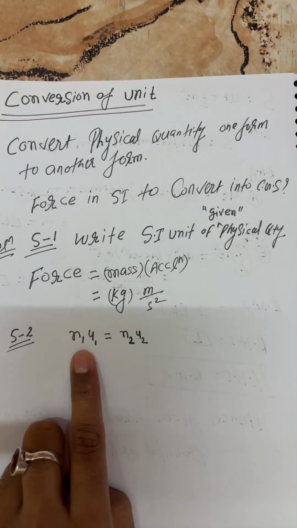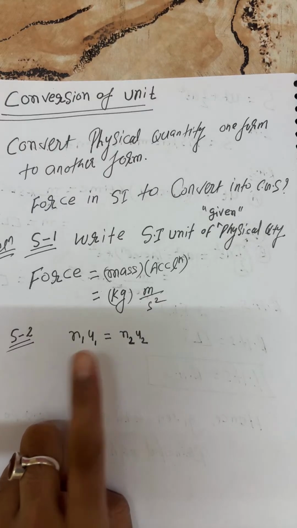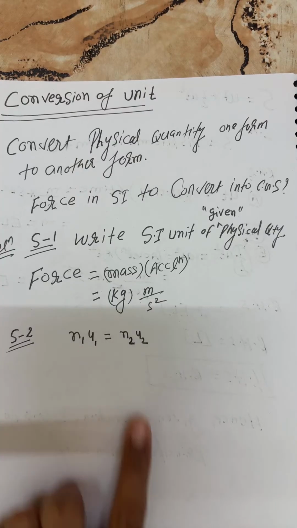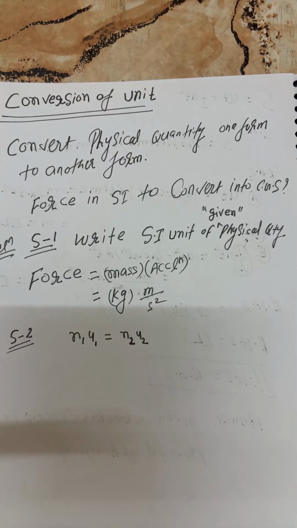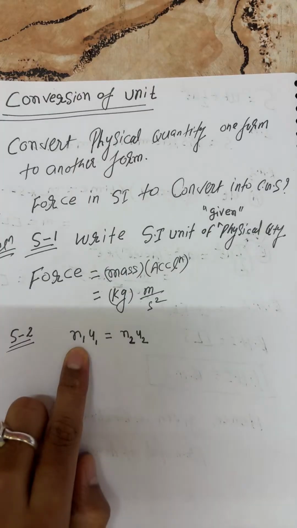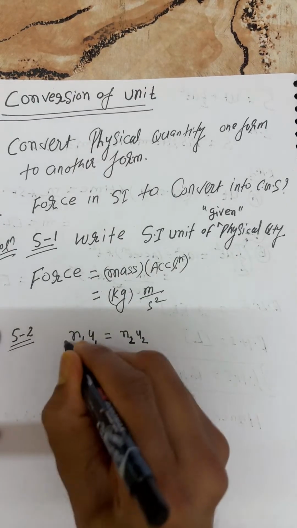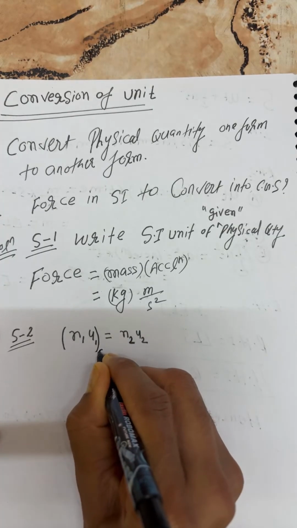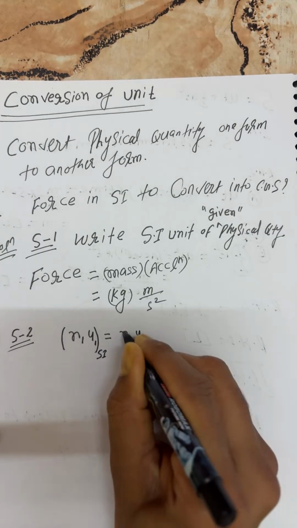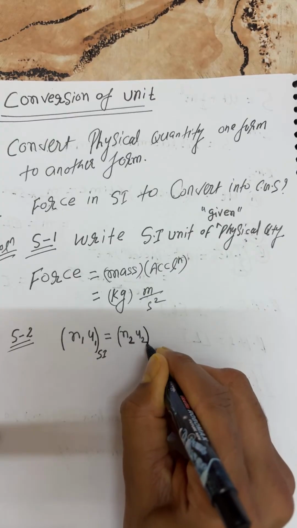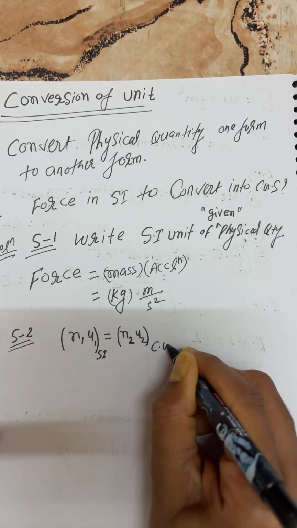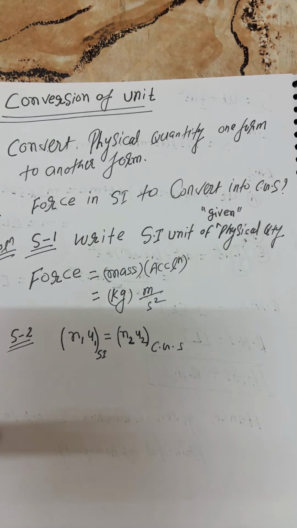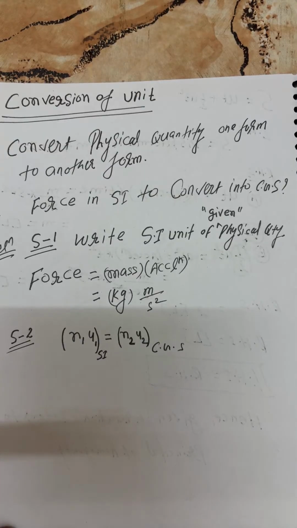I forgot, but you have to discuss all these points. So this is the way to write the magnitude of a physical quantity: n1 u1 equals n2 u2. We can say n1 u1 is initially in SI, and now we wanted in CGS, u2.